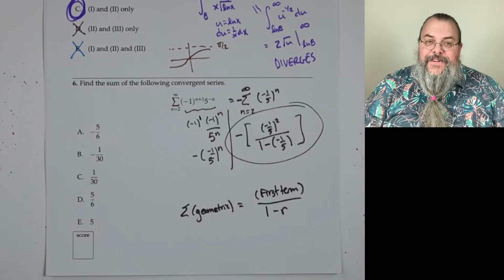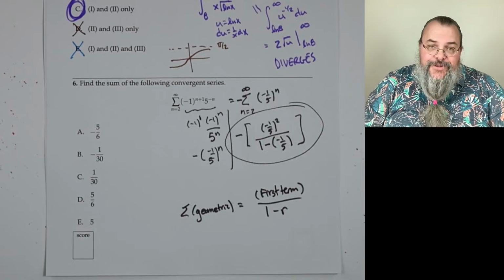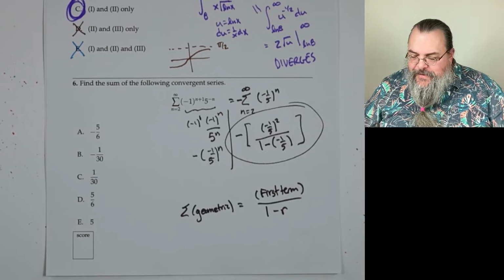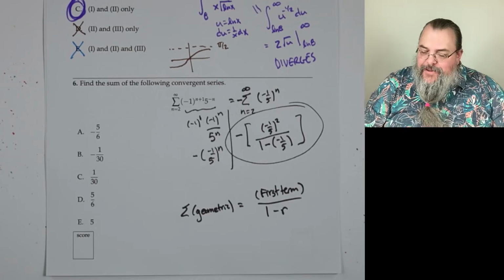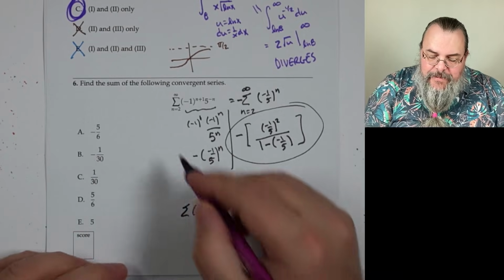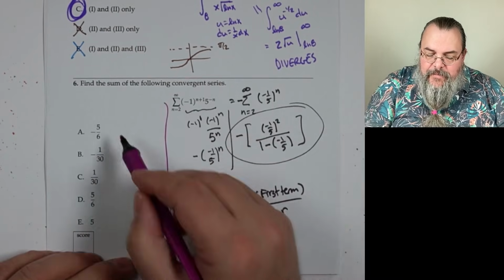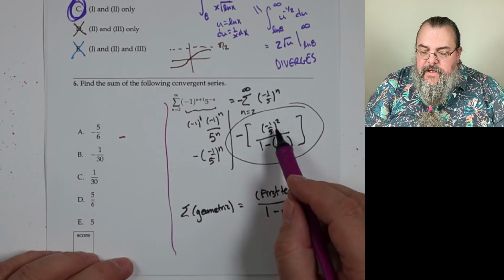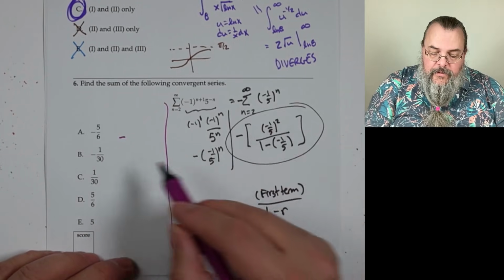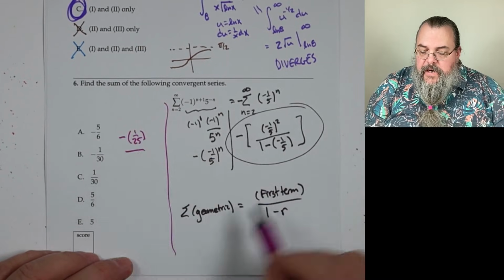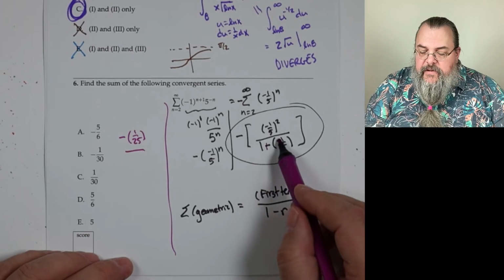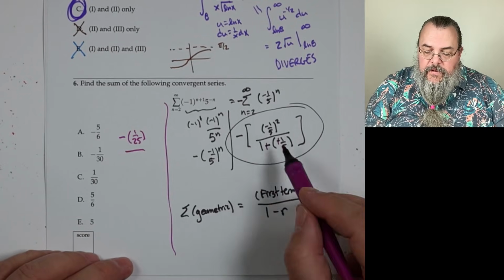Well, that's not any of the options, because those crazy people, they said, let's simplify. Typical math nerds, always trying to simplify things. All right, so there's a minus sign. Negative 1/5 squared will become 1 over 25. Then we're going to divide it by 1 minus negative a fifth. That's 1 plus 1/5.